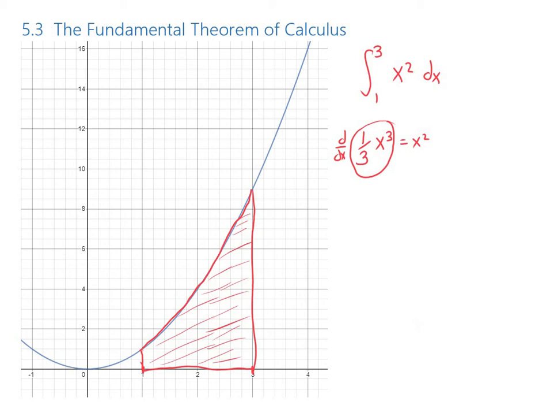So to work out the integral from 1 to 3 of x squared, I need this area finding function, 1/3 x cubed, and I need to plug 3 in to tell me what the area under that curve would be all the way up to 3.